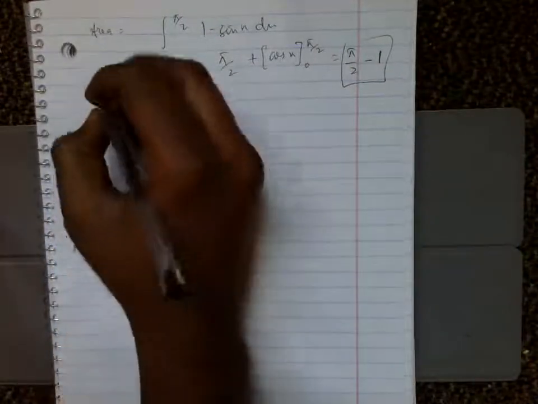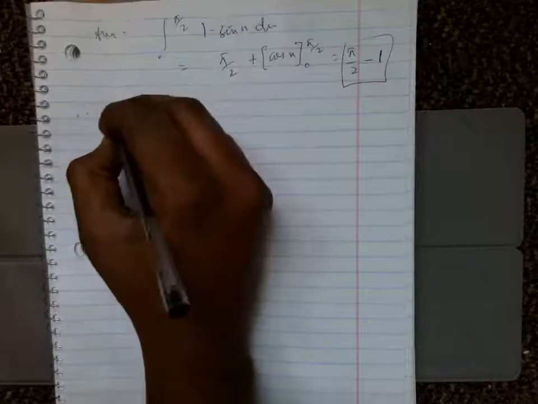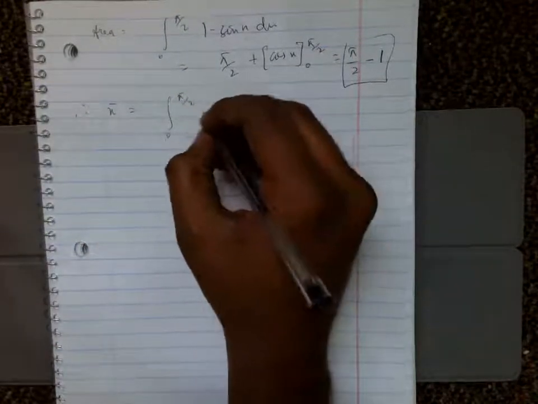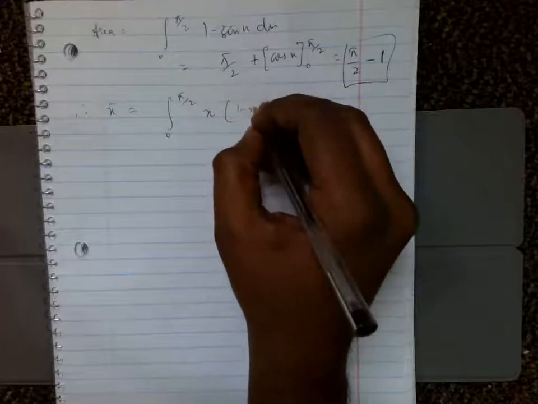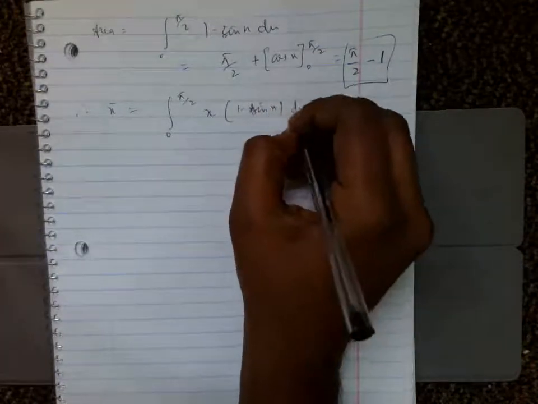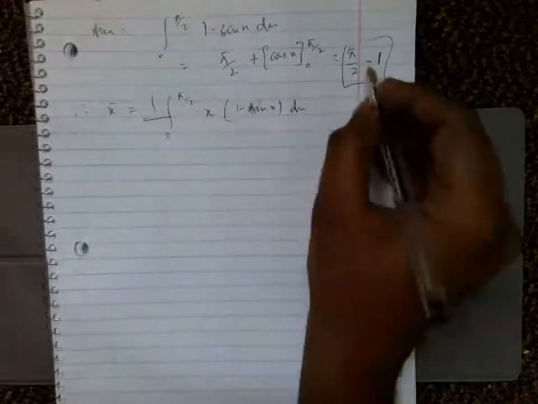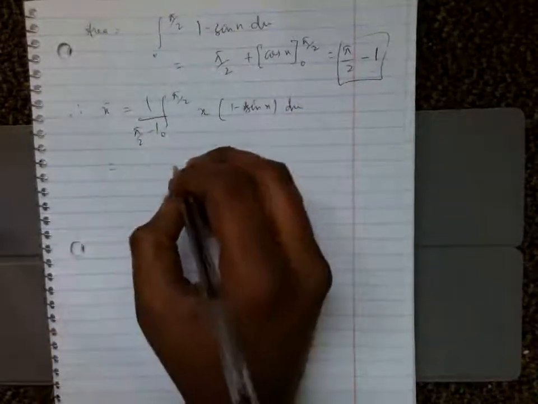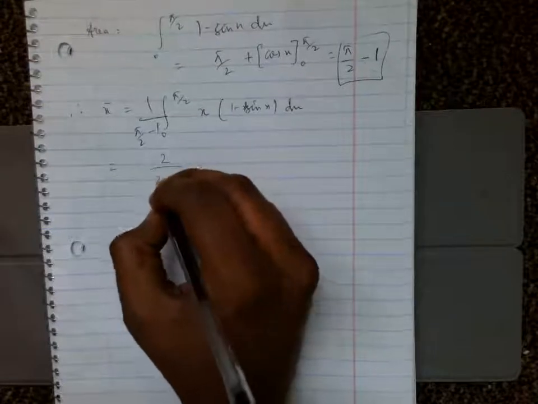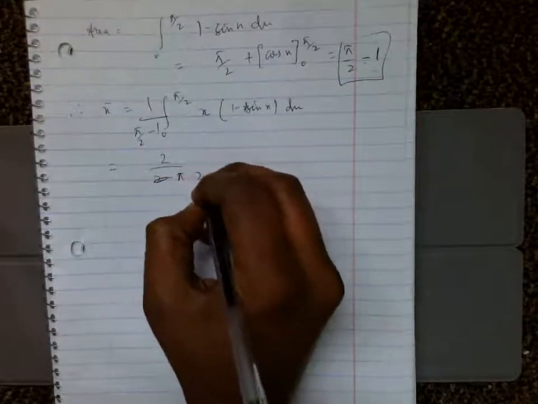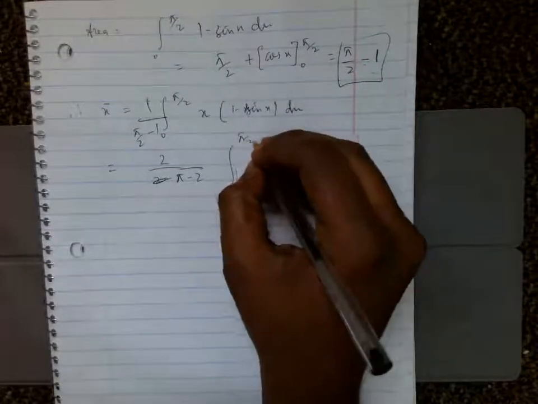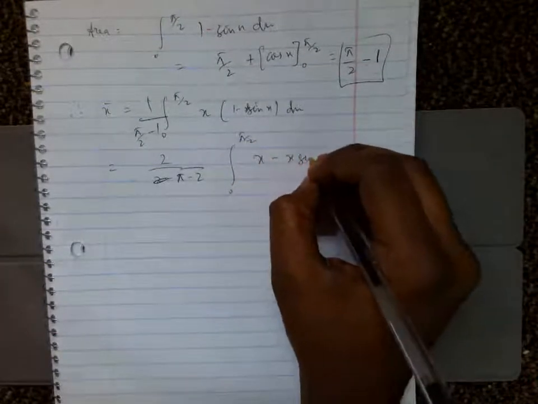And so the x coordinate of the center of mass would be the integration from 0 to pi by 2 of x times 1 minus sine x dx divided by the area here, which is this. So this is nothing but 2 by pi minus 2, some algebra here, the integration from 0 to pi by 2 of x minus x sine x dx.